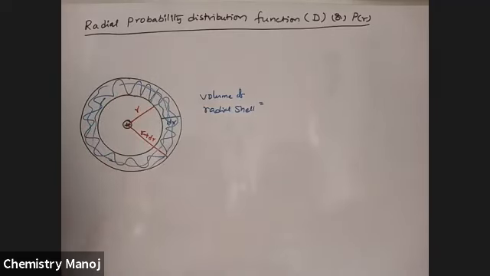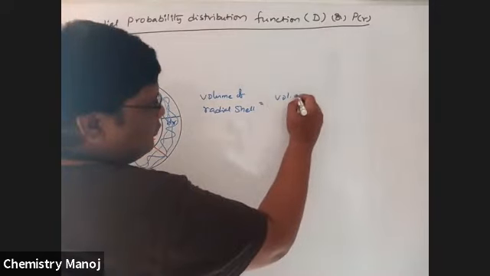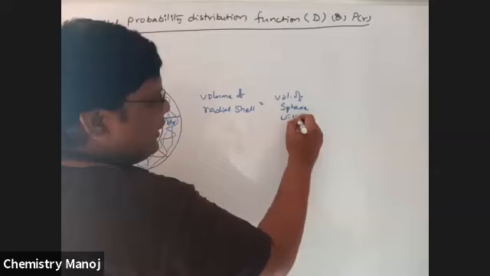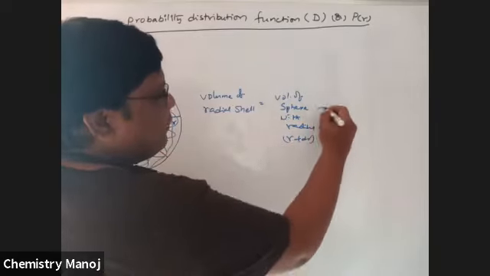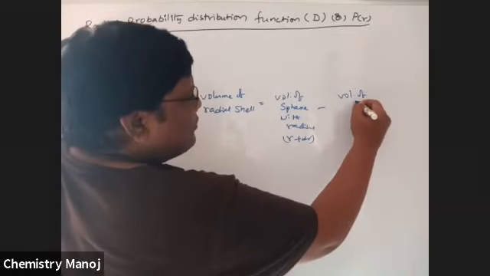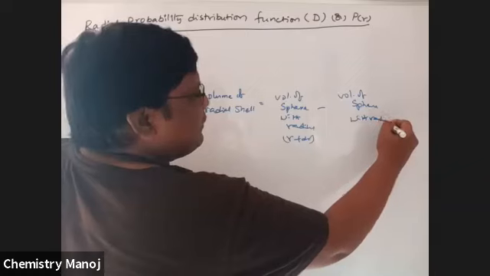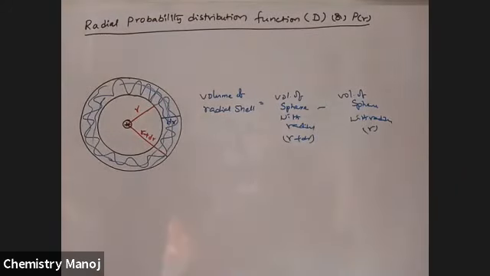That is the volume of a sphere with radius r plus dr minus the volume of a sphere with radius r. Now apply conditions.